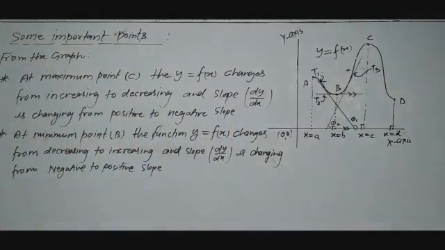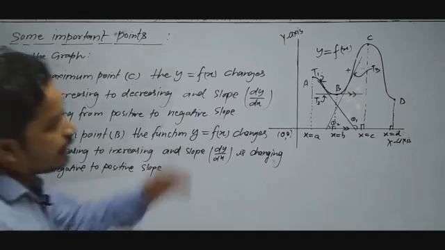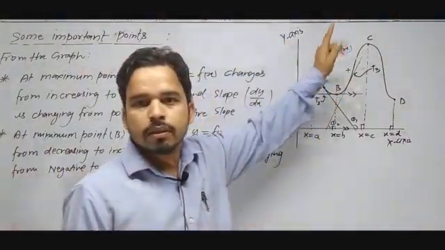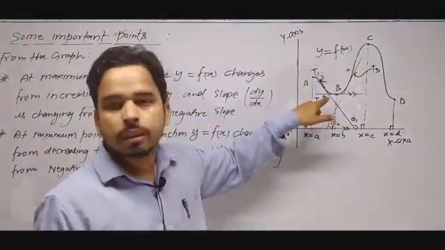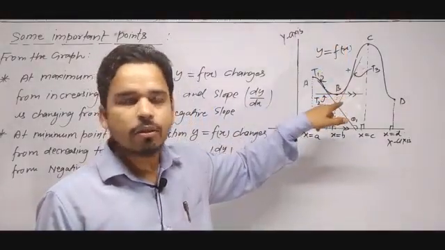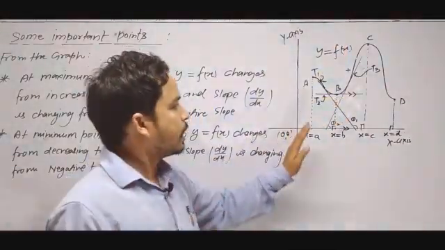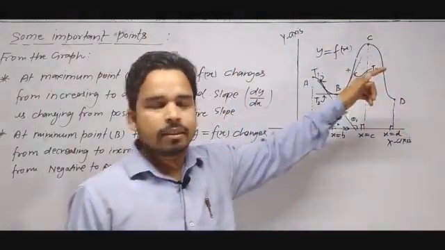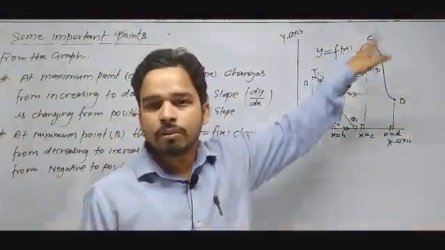So this is the explanation about point C. When dy by dx is changing from negative to positive, it is passing through dy by dx equal to 0, and when the slope is changing from positive to negative, in that case the slope is also passing through 0.